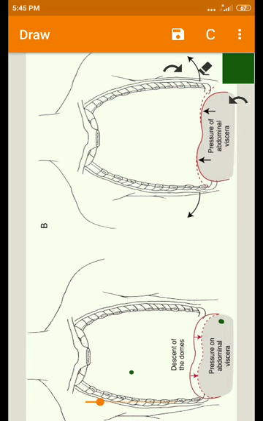This has less direct inspiratory effect. This will have very little direct inspiratory effect on the lower rib cage than the costal portion. So that means these fibers will have less effect on inspiration than the costal portion.